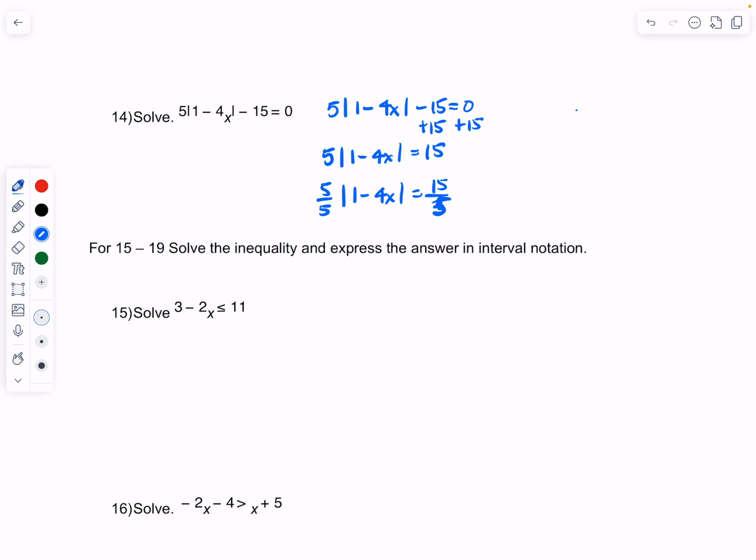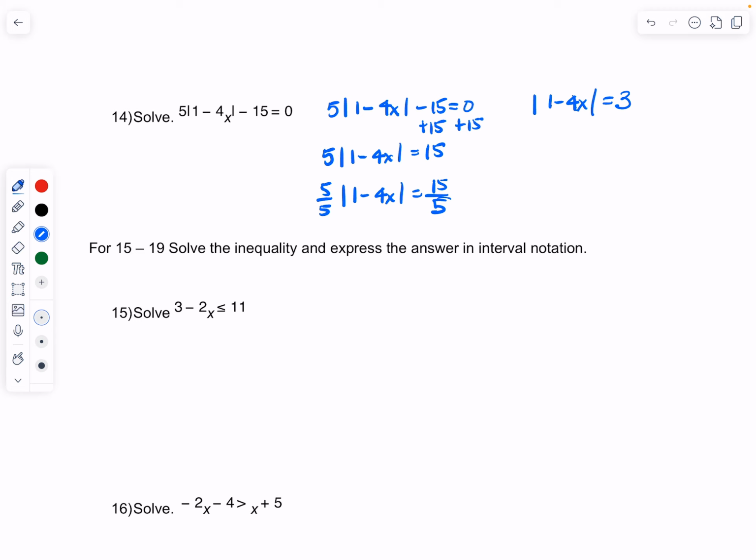Okay, so let me write that a little nicer. Okay, so I get the absolute value of 1 minus 4x equals 3. All right. So now I have to solve this. So inside the parentheses can be positive or negative.